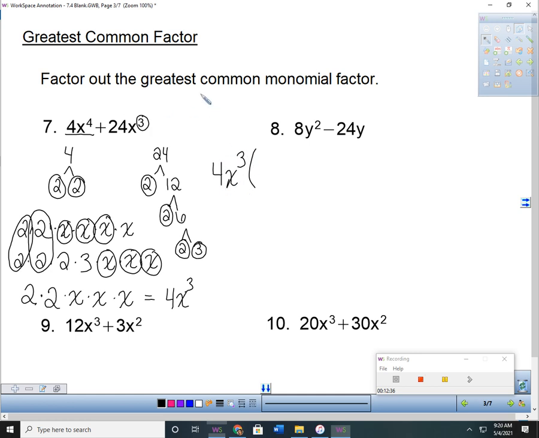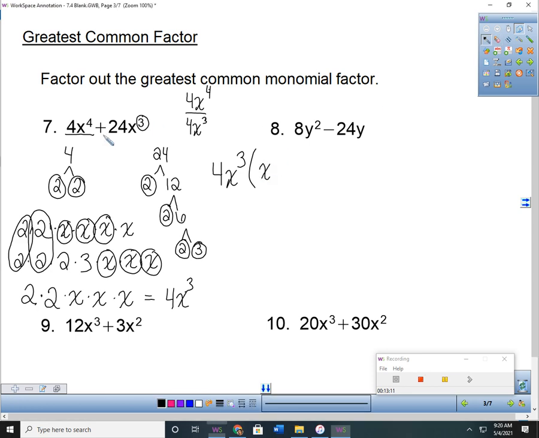So I have 4x to the fourth, and I'm going to divide that by 4x to the third. What is 4 divided by 4? 1. Okay? Now, do I usually write the 1? No, I'm going to write it for now, and then I'm going to erase it. And then what is x to the fourth divided by x to the third? That is just x, right? So I don't need the 1 there. I just need the x.